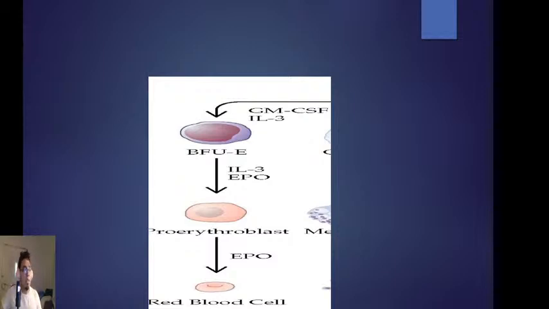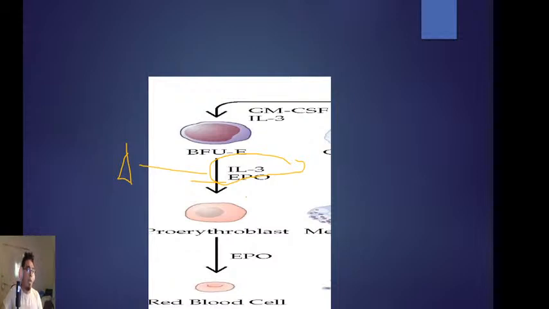So look at this one. Interleukin 3 is present. What did we say about interleukin 3? A multi-lineage stem cell factor. What is the other one that is needed? Erythropoietin.